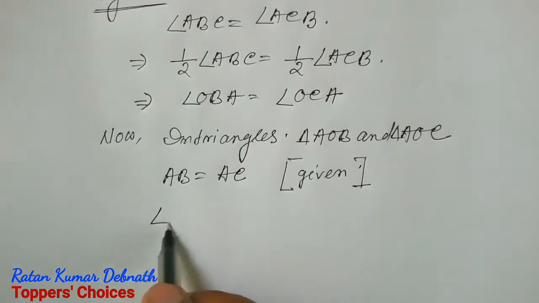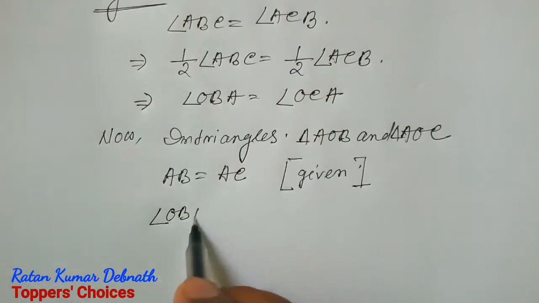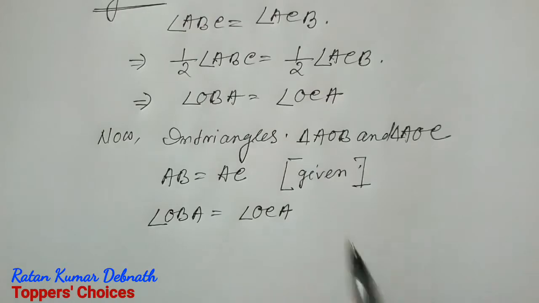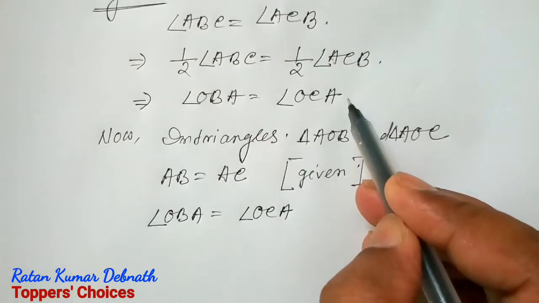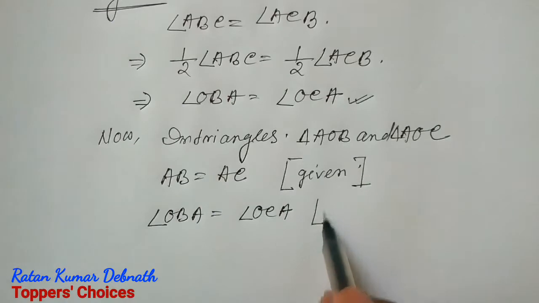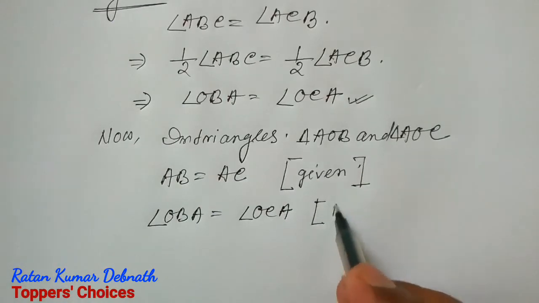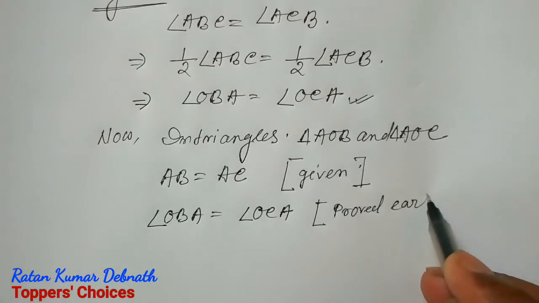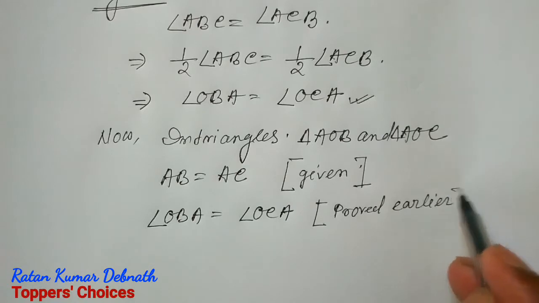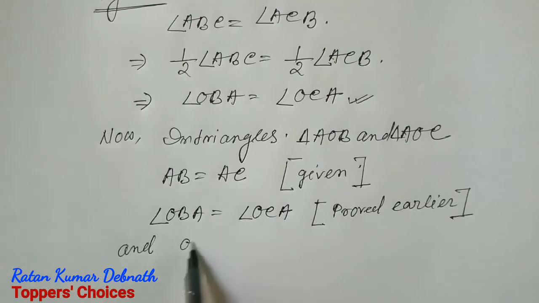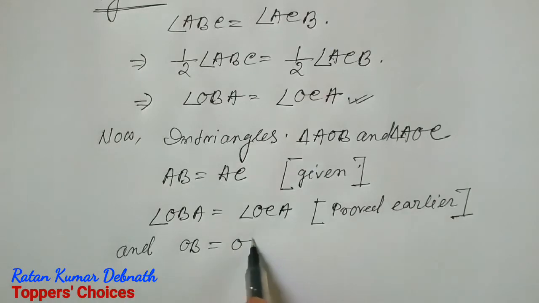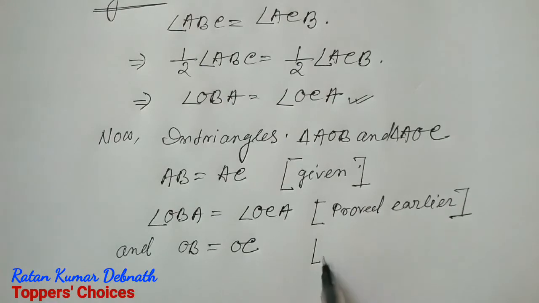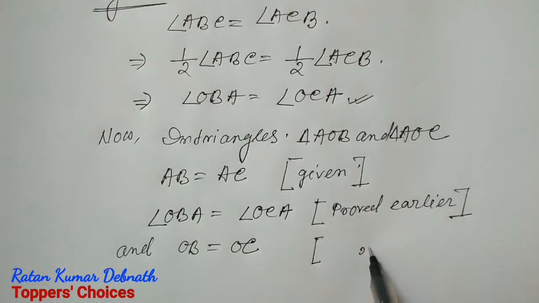Number 2, angle OBA equal to angle OCA, which we proved earlier. And number 3, OB equals to OC, which is also proved earlier. That is our first proof.